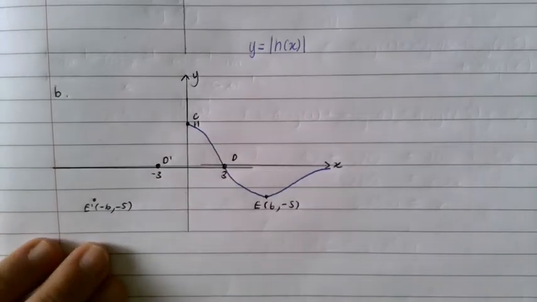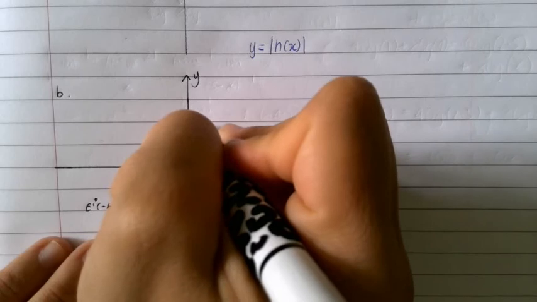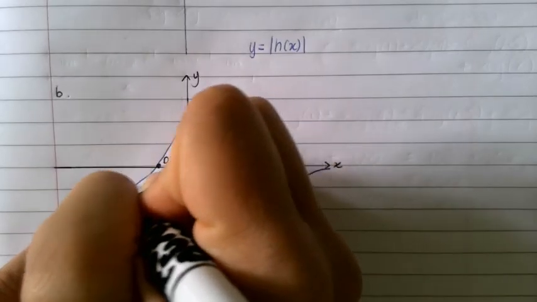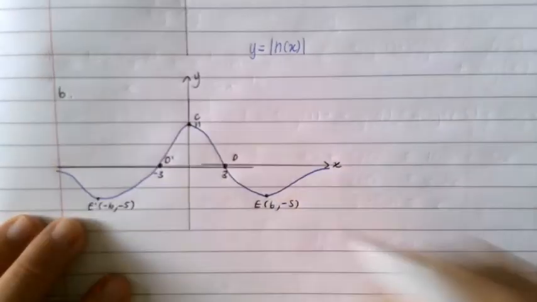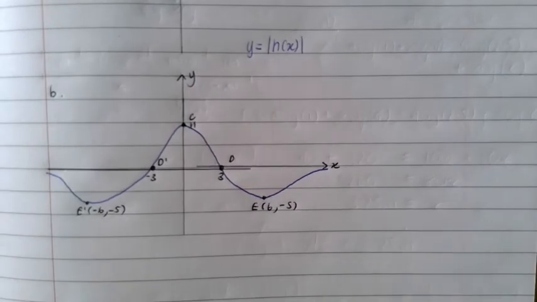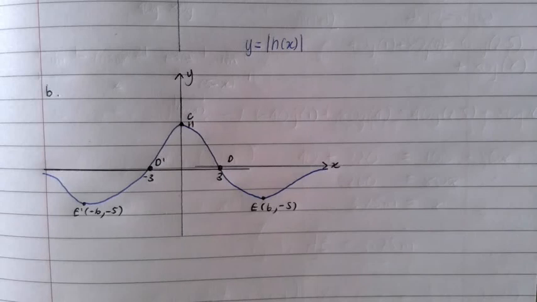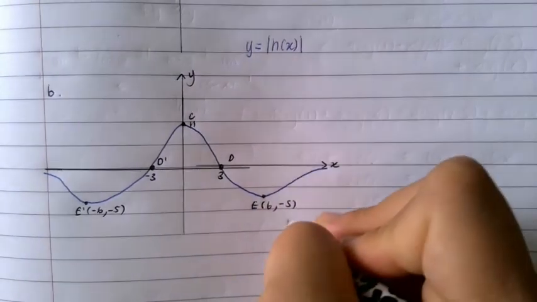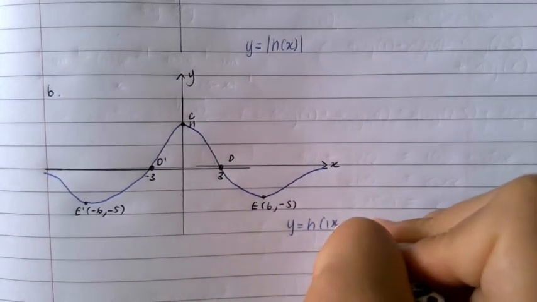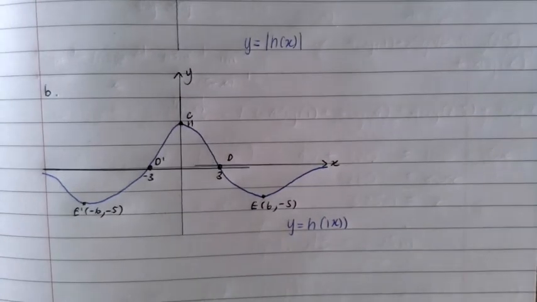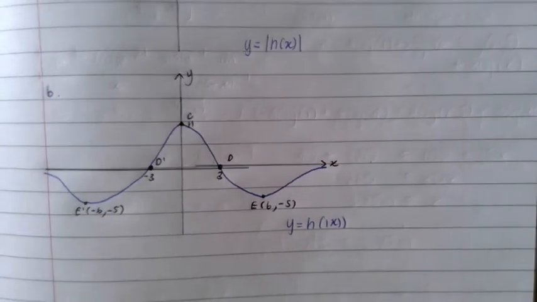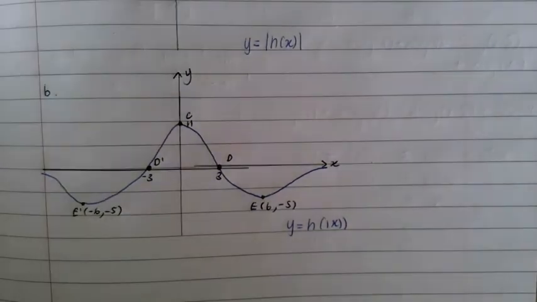And we're going to copy in the shape of this graph, so we're going to go down through E dash and then tailing off. Not the best sketch, but all of my points are in the right places and they're all labelled correctly. So that is the graph of y equals h of the modulus of x. And that is literally it. So these examples should help you get through the chapter questions here for exercise 2E.